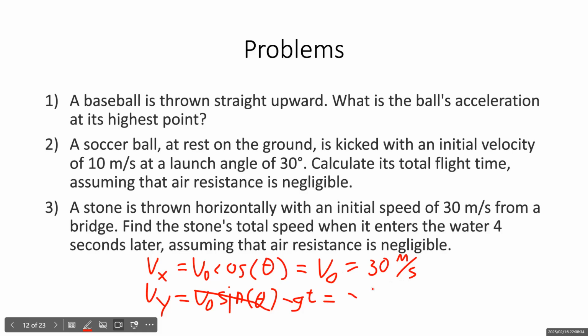We're left with negative 9.81 meters per second squared times 4 seconds. We're left with 3 sig figs, 39.2. We're using one extra sig fig in calculations, meters per second.